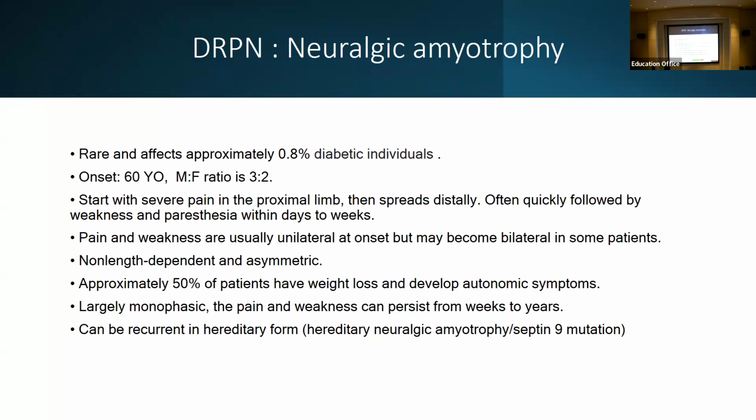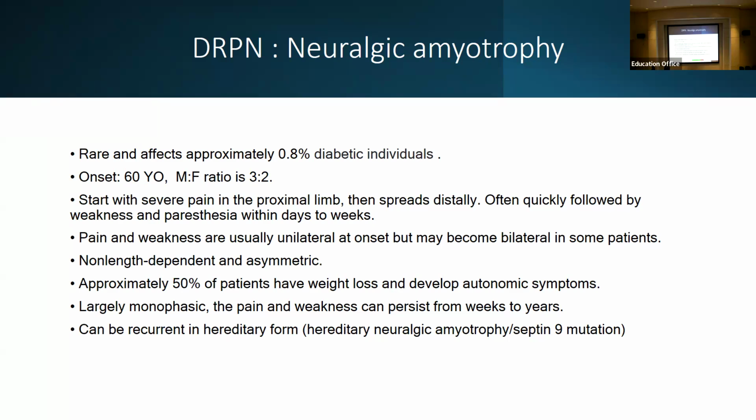Usually they start with acute or subacute severe pain in the proximal limb, and then it can spread distally. The pain is often quickly followed by weakness and paresthesia within days to weeks. The symptoms are usually unilateral at onset, but in some patients may become bilateral.